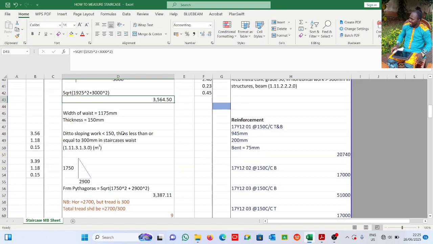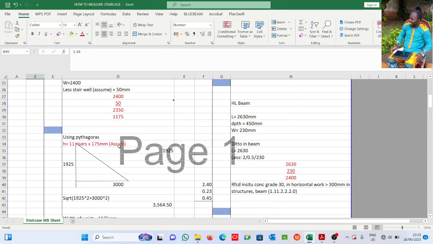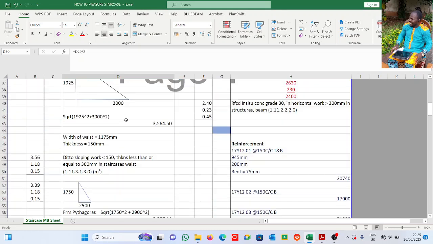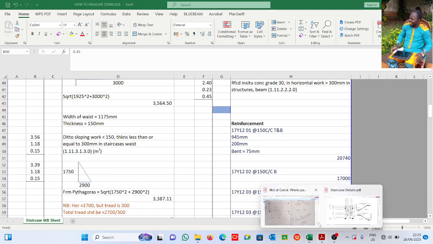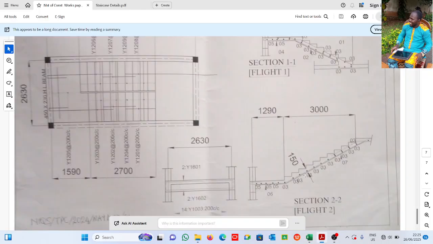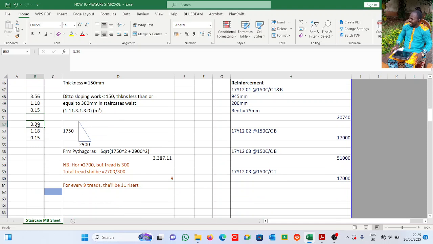So this is what we'll have. 3.56 is the length, which we just calculated. The width is 1.18, which we calculated here. While the thickness is 150, and of course you can see clearly there. We're told that this is 150 mm.